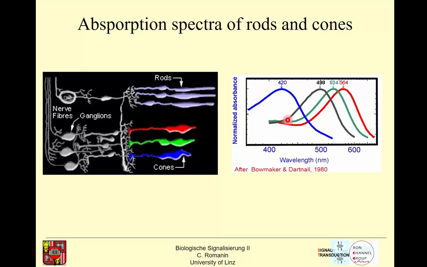And the question is, why do you think the sensitivity of these cones is so different? Is there a change in the chromophore which is used here? That is typically what one would guess, but nature has actually used a different approach, because it's too much work to generate different chromophores.